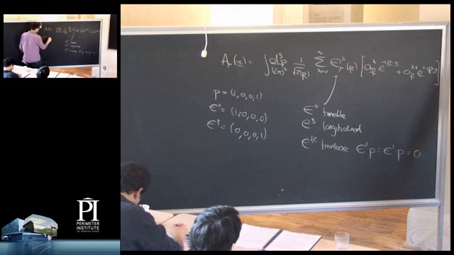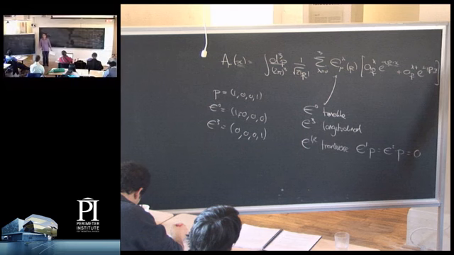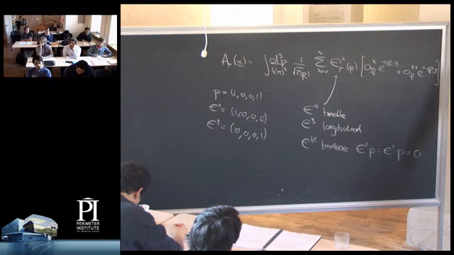If P is (1, 0, 0, 1), then epsilon 0 is (1, 0, 0, 0), and epsilon 3 is this. So there's just factors of 1. Is that the question? Yeah, that's good. And the epsilon 1 and the epsilon 2 don't give any contribution because of this.